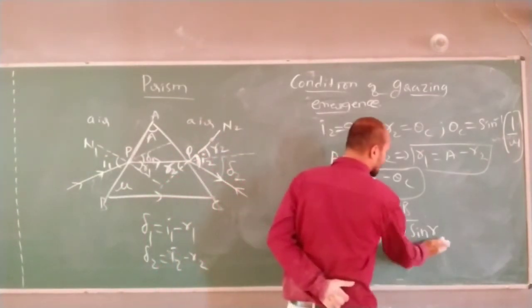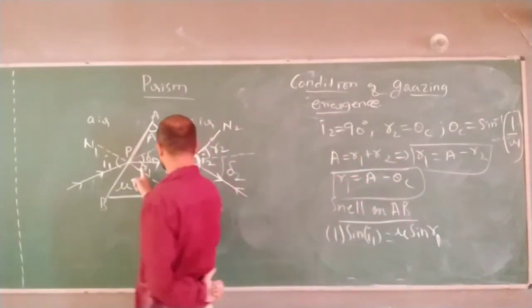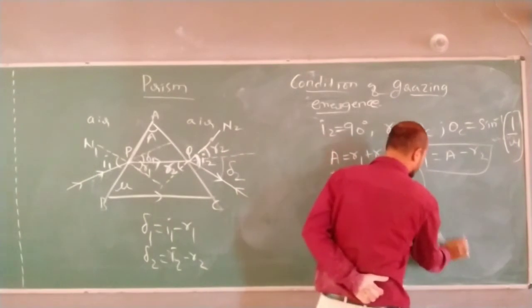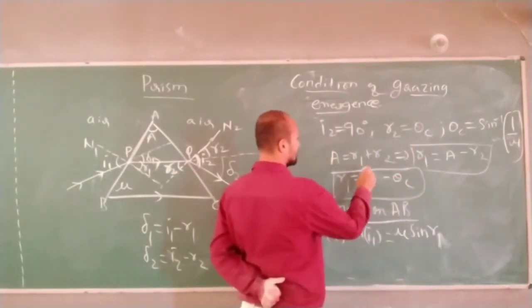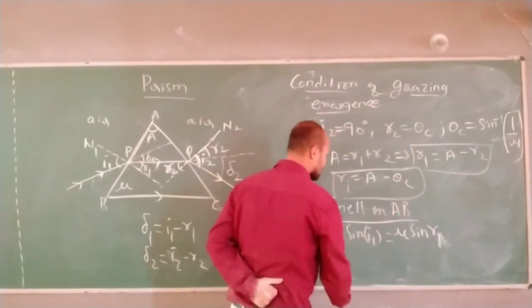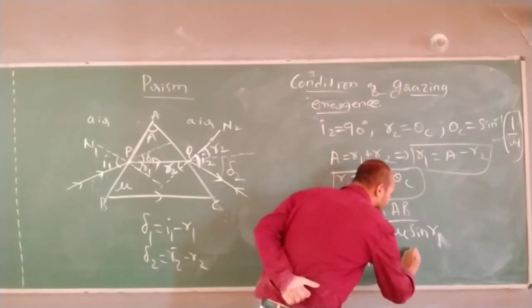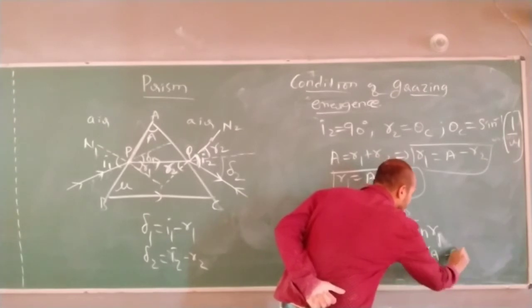Sorry, this is not R2, this is R1. Correct now? So what is R1? R1 is A minus theta C. So sin I1 will become mu into sin of (A minus theta C).